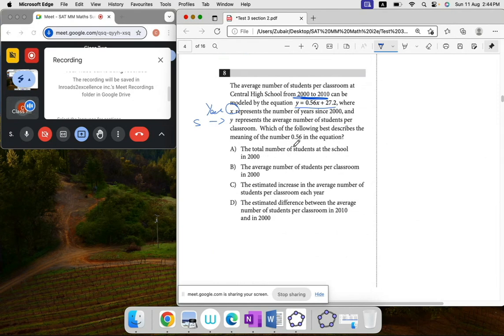The total number of students at school, no. The average number of students per classroom, no. The estimated increase in average number of students per classroom each year, that should be the case. The estimated difference between the average number of students, I think C best explains this. Like if I'm adding 1, that means 0.56 average is increasing. Yeah.